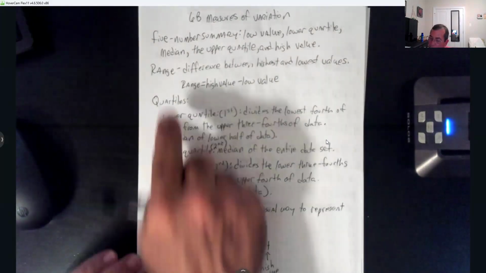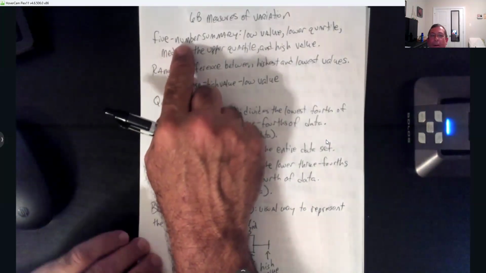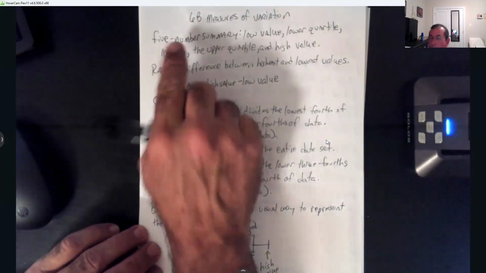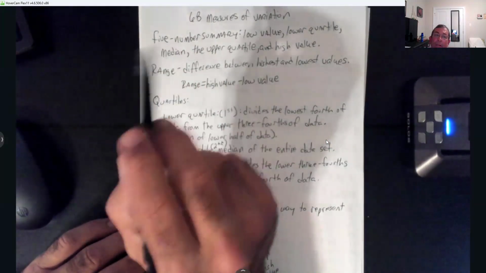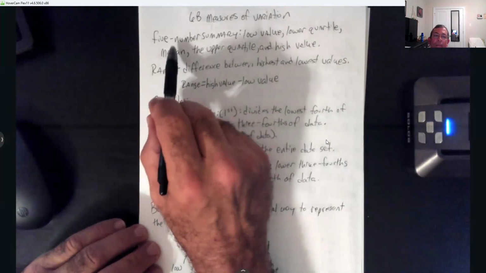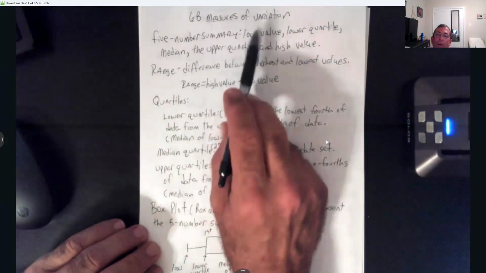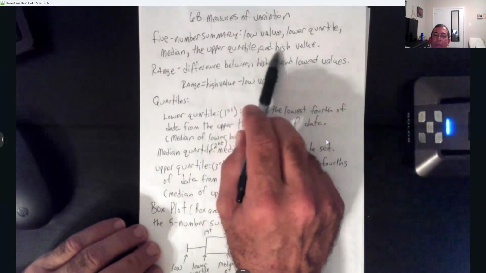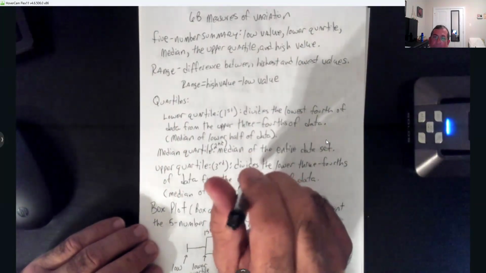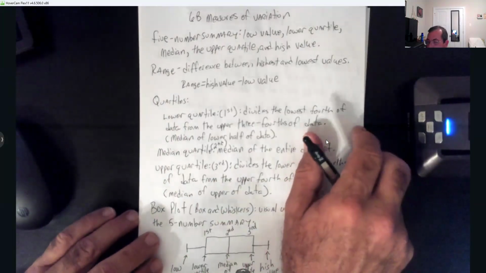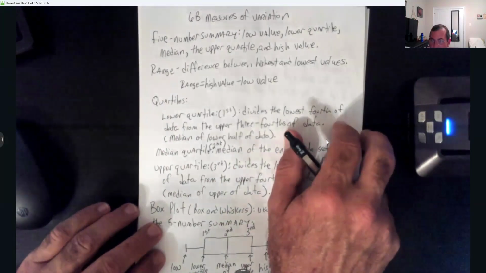Because with that data, we're going to find this kind of stuff. Before this, we'll find our mean, median, and mode. We'll do our 5-number summary with the low value, all these quartiles and the high, and then we'll find our standard deviation. I'm also going to show you how to make a chart.